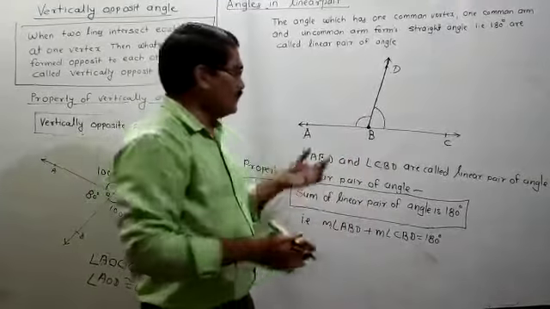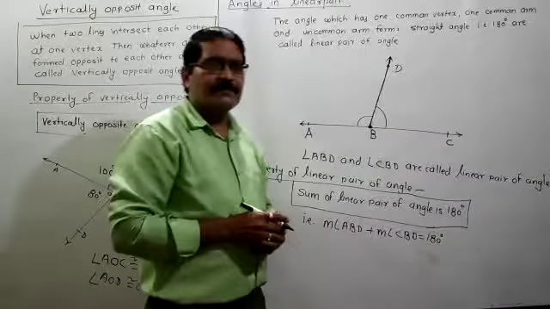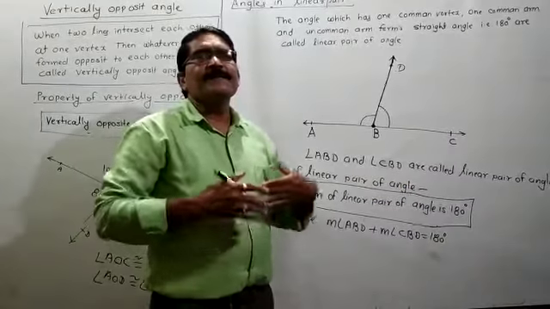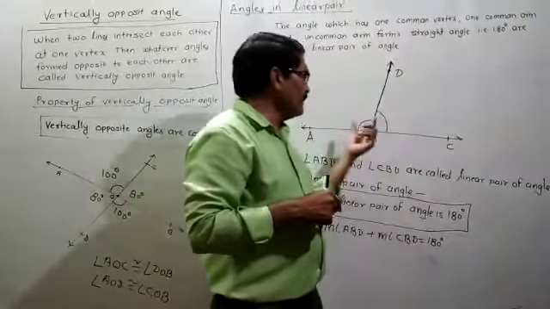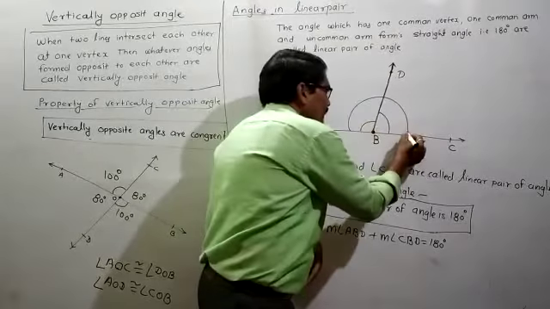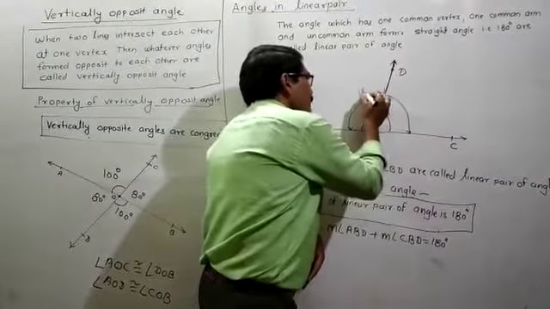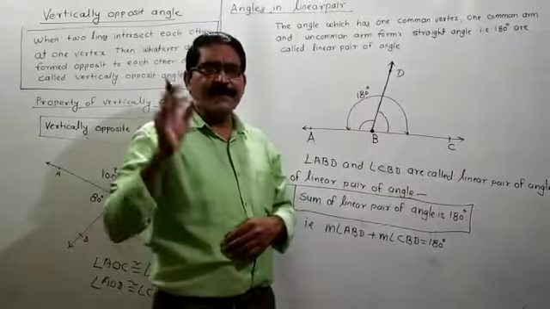And uncommon arms. Which are the uncommon arms? BA and BC are the uncommon arms. They form a straight angle, which means this whole angle will come to 180 degrees. Straight angle. Everybody understand?